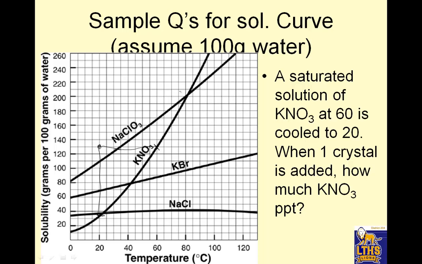The saturation level at this new temperature is about 34 grams. So if a saturated solution started at 130, then 130 minus 34 equals 96 grams of precipitate.